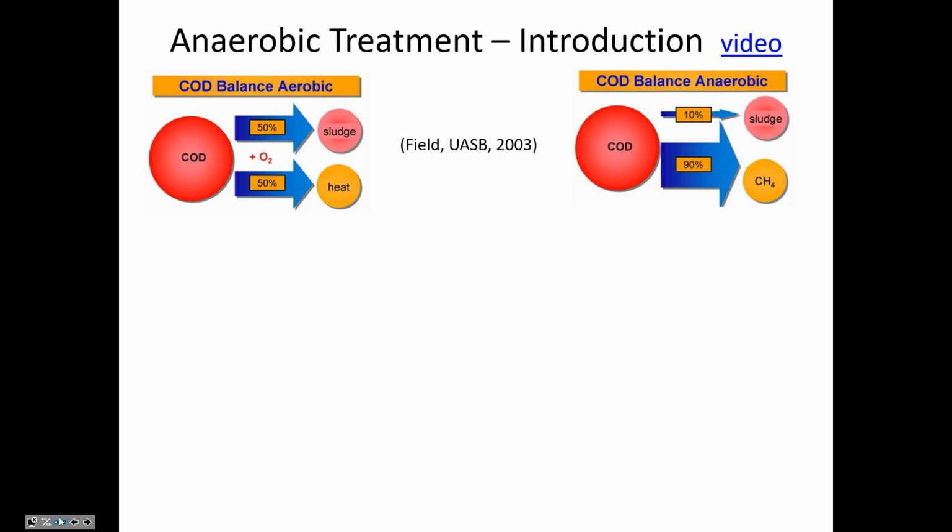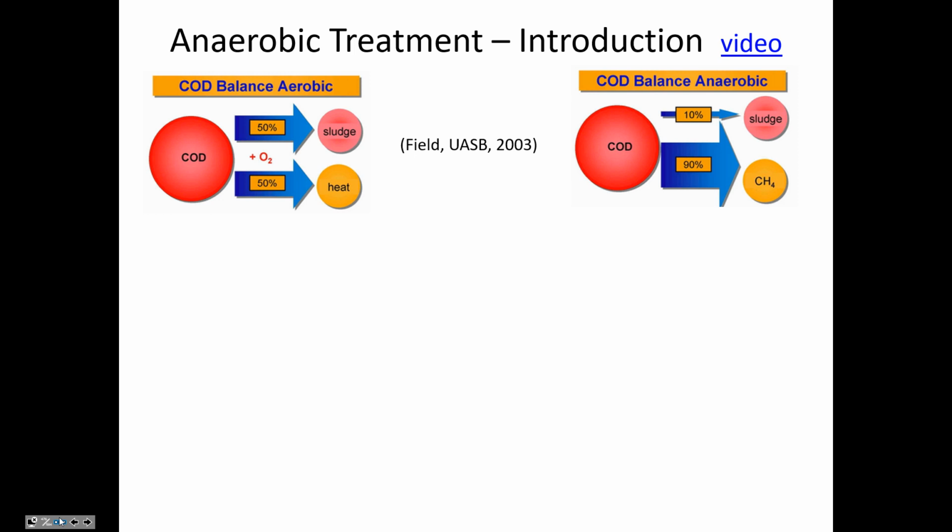All right. So here's what we're going to be talking about today. Just to refresh your memory, since it's been, I think, 9 days since our last class, we were talking about how the residuals are dealt with in a wastewater treatment plant. Remember, there are lots of different things besides the water that need to be disposed of.